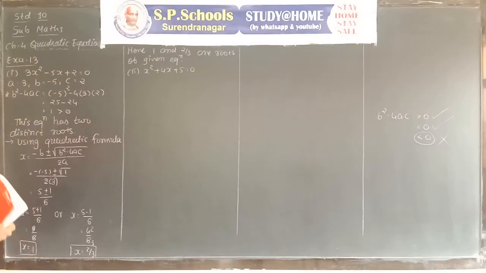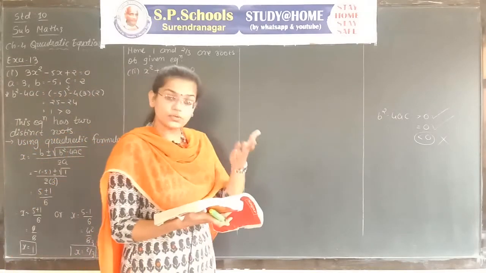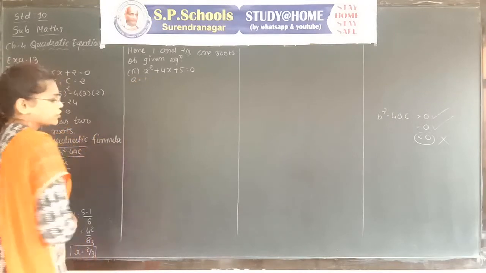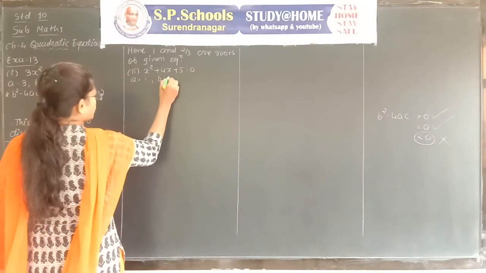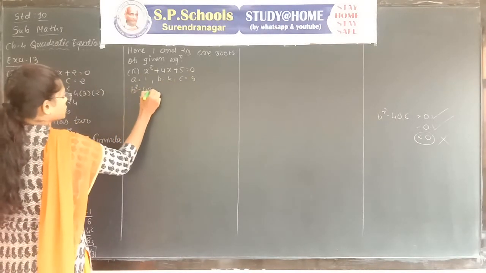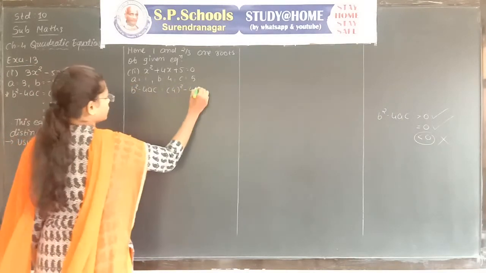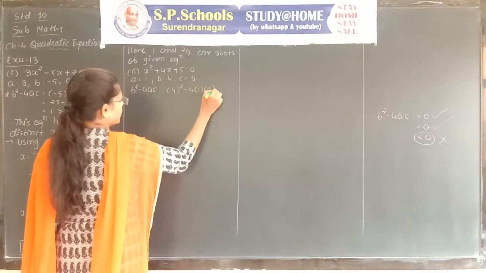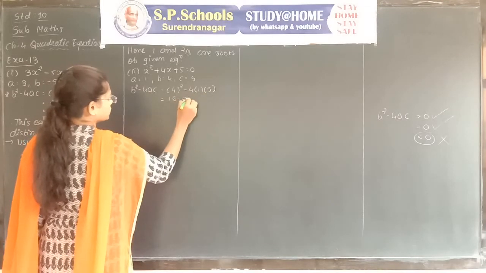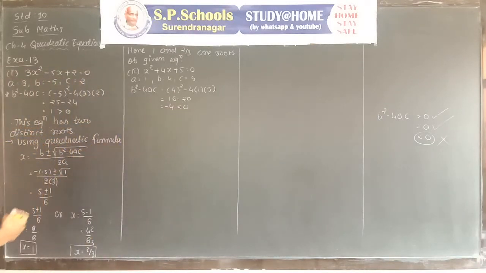First of all, we would like to check whether it has a solution or not, because the question says if the roots exist, then use the quadratic formula. a is equal to the coefficient of x square, 1, b is equal to 4 and c is equal to 5. b square minus 4ac is equal to 4 square minus 4 times 1 times 5. 4 square is 16, minus 4 5s are 20, which is minus 4, less than 0.